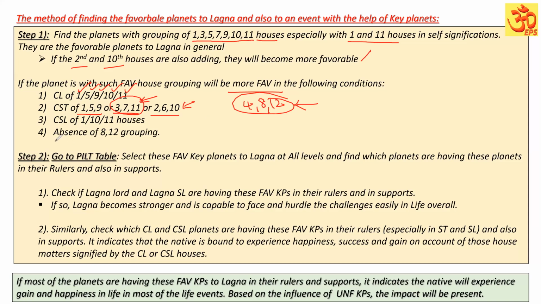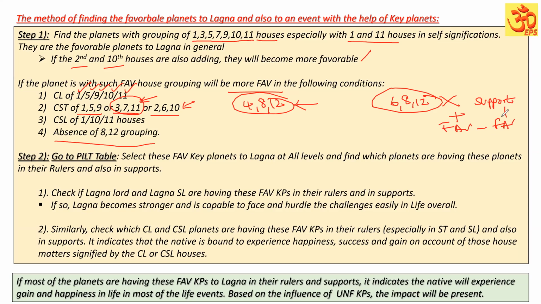And importantly, absence of 8 and 12 grouping. In the self-signification of a planet, if the unfavorable 8 and 12 grouping or 6, 8, 12 grouping is not there, that planet is supportive to the Lagna. Suppose the planet which is free from the 6, 8, 12 is also having this favorable grouping, that is going to be more favorable.